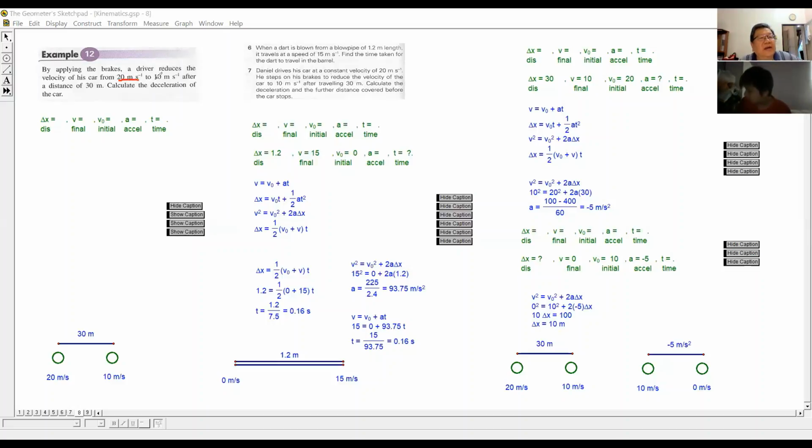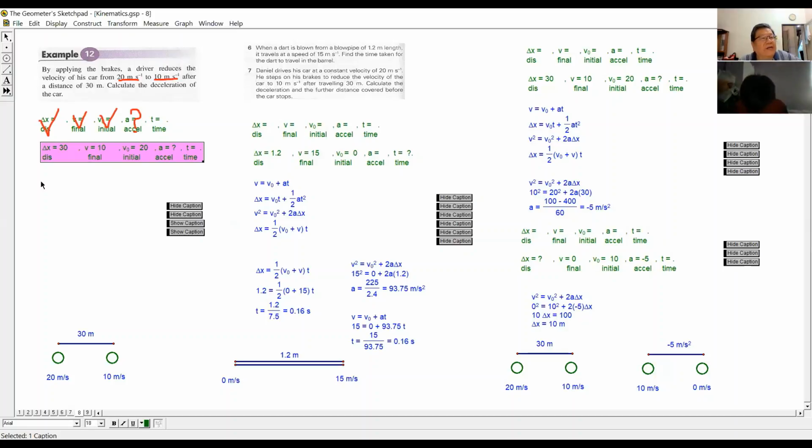Which of these 5 is given? Initial and final velocity are given, and the displacement is also given. Then what are they asking you to find? The deceleration, a. This is what you have to find.